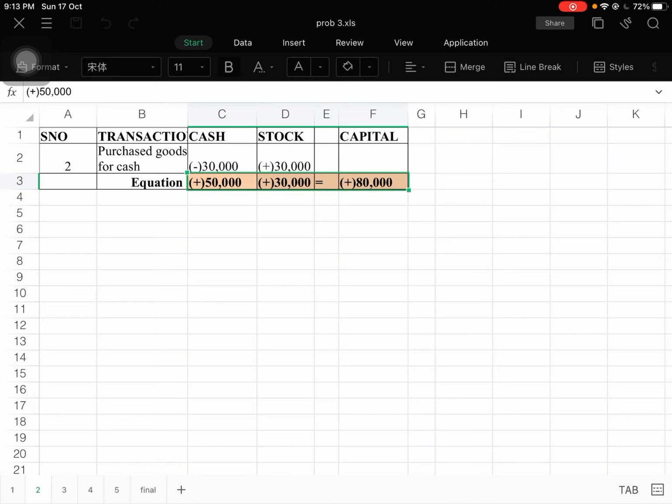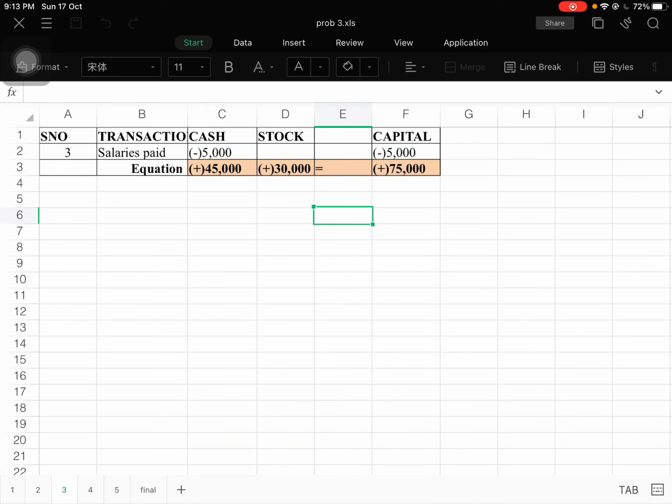For transaction number 3, they are paying salaries. So how do they pay normally? Out of the cash. So deduct 5,000 from cash as well as from capital. Normally any expenses that are met on account of business will have a reducing effect on the capital.